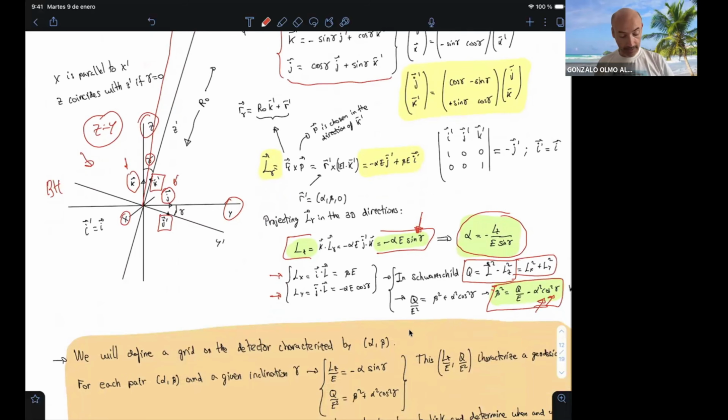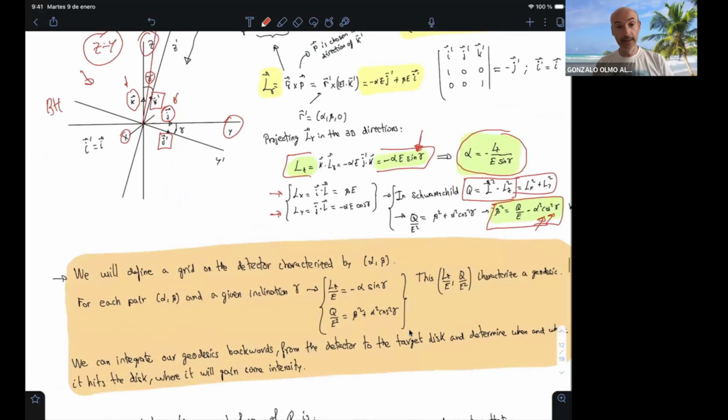So that's it. So basically, this is what we have learned: that we have to define a grid on the detector. Actually, this is what really happens because our detector is a CCD. Well, if we are looking at optical images, we would have a CCD chip, okay?